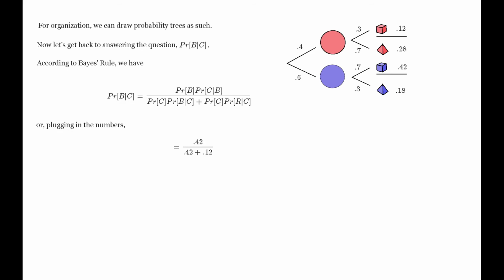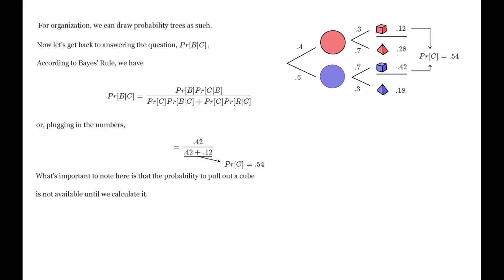Now, let's get back to answering the question: the probability of getting a blue given that it was a cube. According to Bayes' rule, we have the following. Or plugging in the numbers, 0.42 divided by 0.42 plus 0.12. What's important to note here is that the probability to pull out a cube is actually not available until we calculate it.